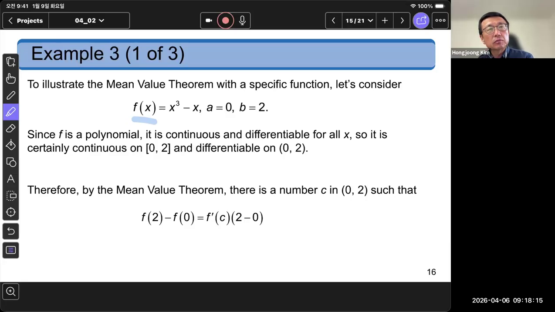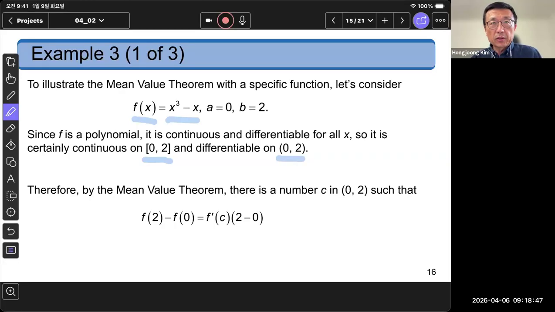Now, as we know, this function is a polynomial, so that function is continuous on any interval, and it is differentiable at any real point, right? So if I consider the closed interval between 0 and 2, the function will be definitely continuous on that closed interval. And if I consider the open interval between 0 and 2, the function is differentiable.